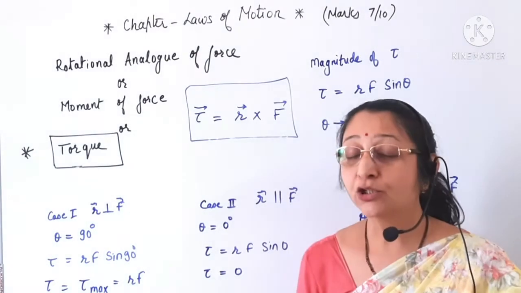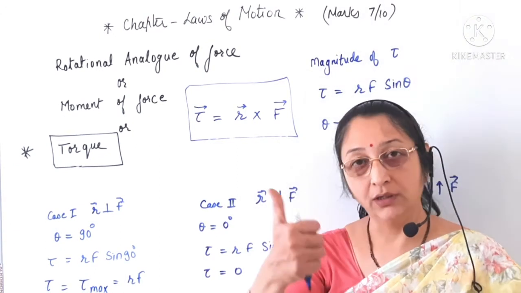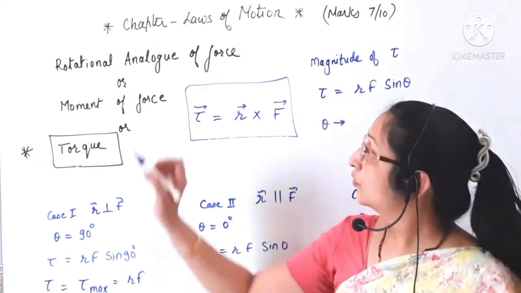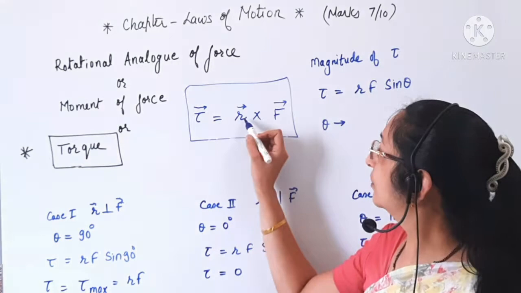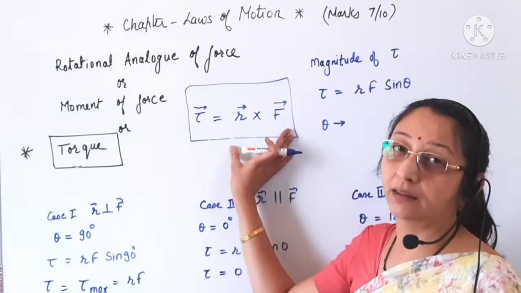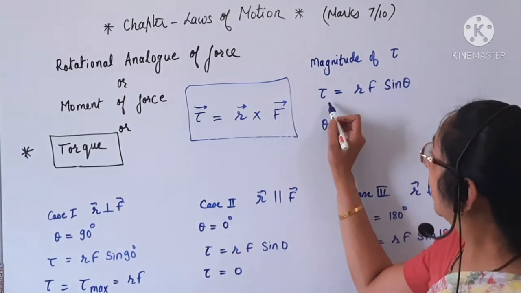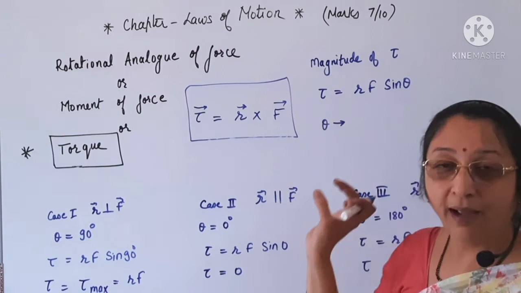Now, the direction of the torque we know can be found by the right hand thumb rule. But how do we find the magnitude of the torque? According to the mathematical representation, tau is equal to R cross F. We expand this cross product. Now, we are taking only the magnitude of the torque.